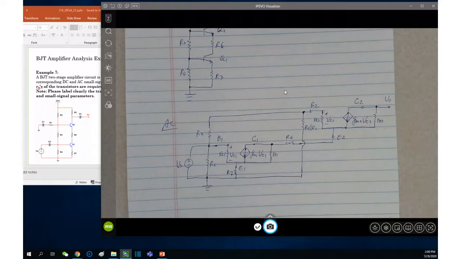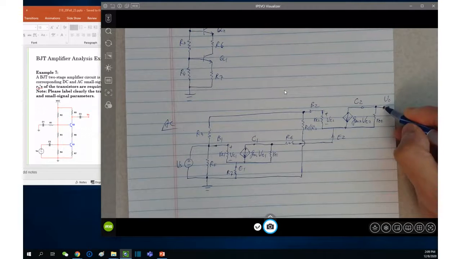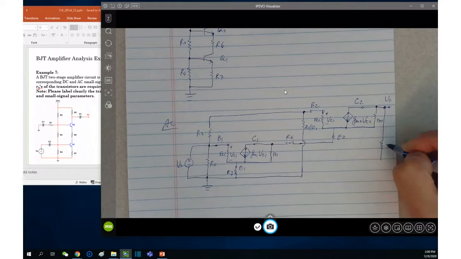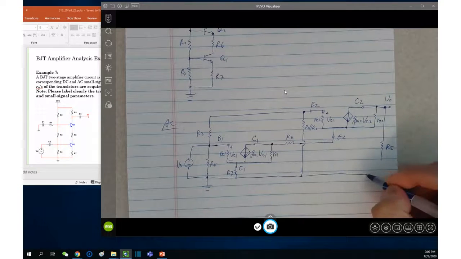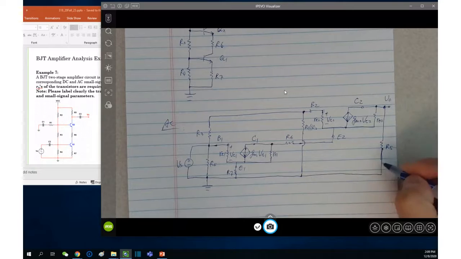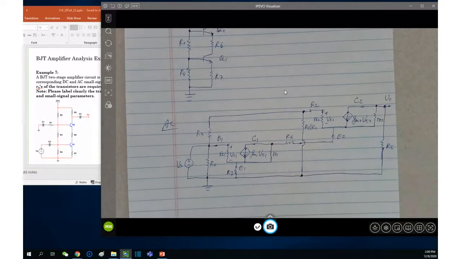And also collector 2 connects to R5, and the other end of the R5 is ground, right? And then we are done.